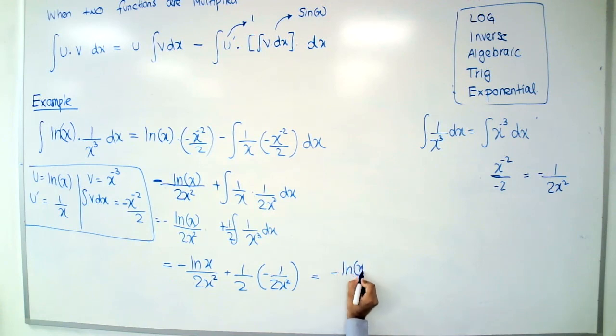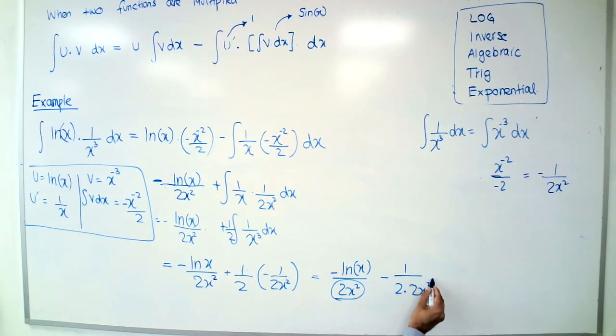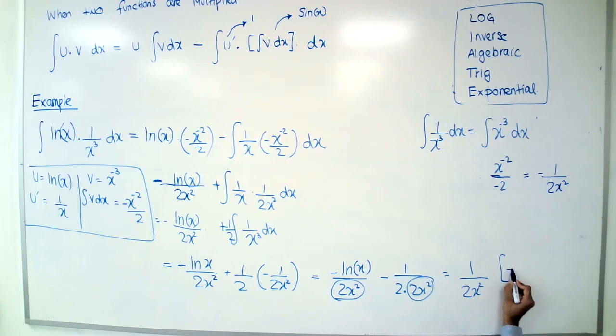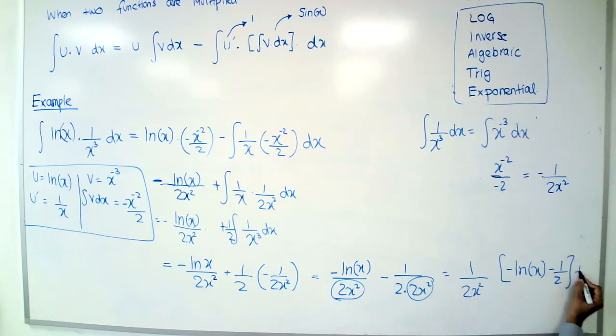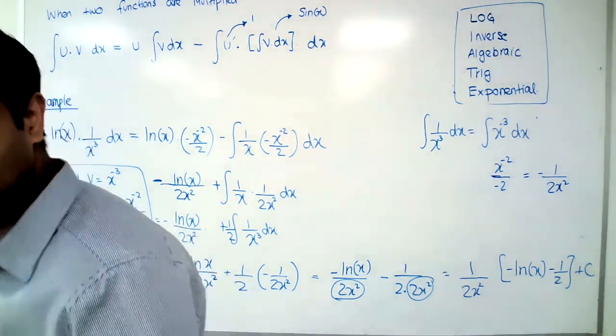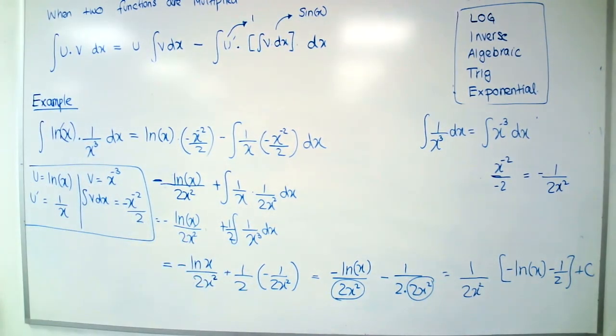Minus ln x over 2x squared minus 1 over 2 times 2x squared. Now you see these are 2x squared, that one and that one are common. So I can take out 1 over 2x squared, I don't want to take the negative off, just like that one. And I got minus ln of x minus 1 over 2, and obviously there will be a c in the end, and that will be your answer.